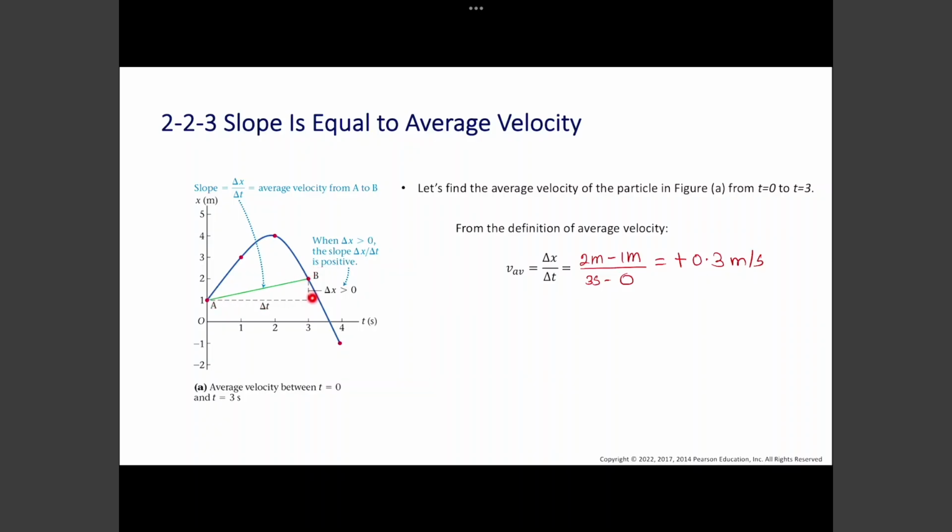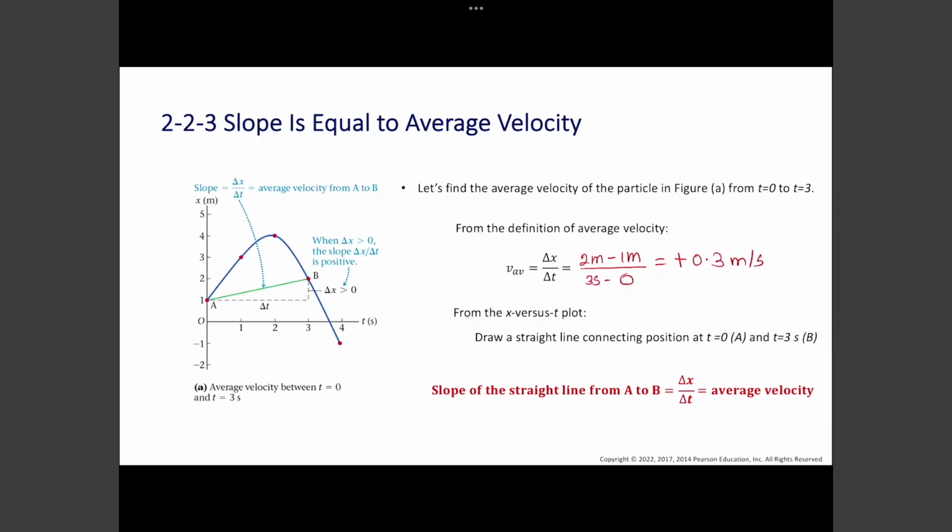So y is delta x, x is delta t. So from the slope, we can find the average velocity. Therefore, the slope of a line connecting 2 points on an x versus t plot is equal to the average velocity during that time interval. It is a very important interpretation from an x versus t plot.